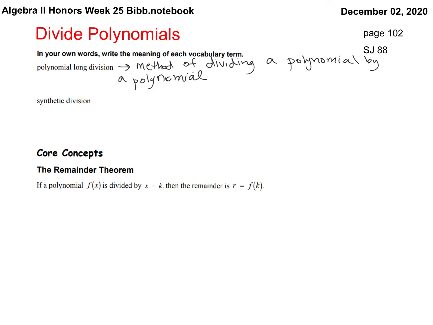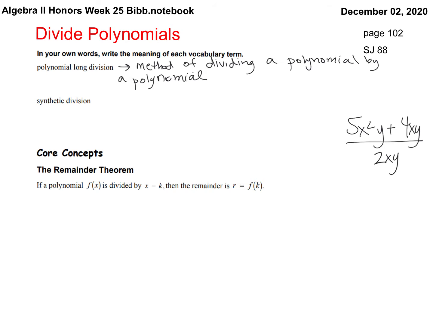Please remember, though, that when you're dividing by a monomial, you do not have to do long division. If you have 5x squared y plus 4xy, and you want to divide by 2xy, then you do not have to do long division.